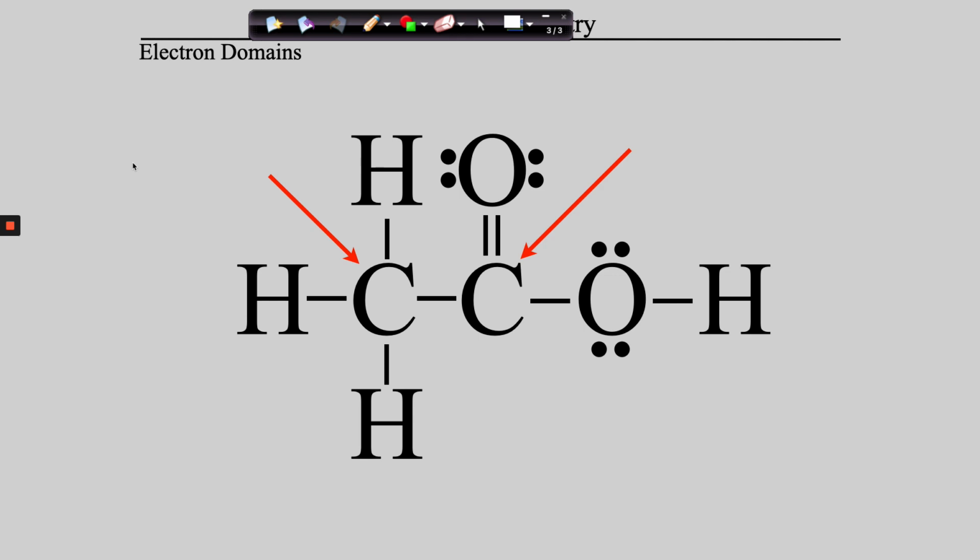So guys, this is a domain, this is a domain. But Claire, what did you say about this guy? It only counts as one domain. Guys, in the same way that if there's 4 antelopes on the prairie, it's still one domain. Guys, we've got a double bond right here, but it still only counts as one domain. So it's 3. Questions about that?